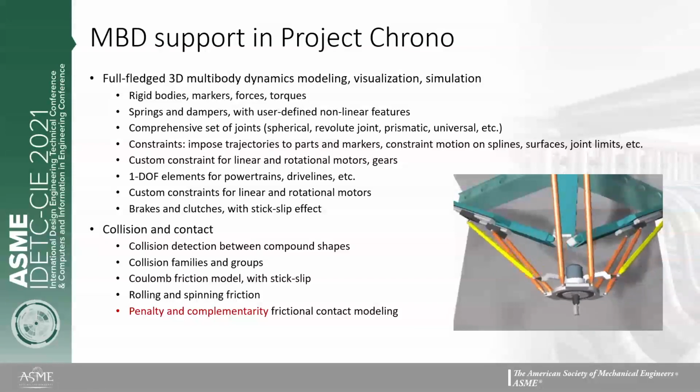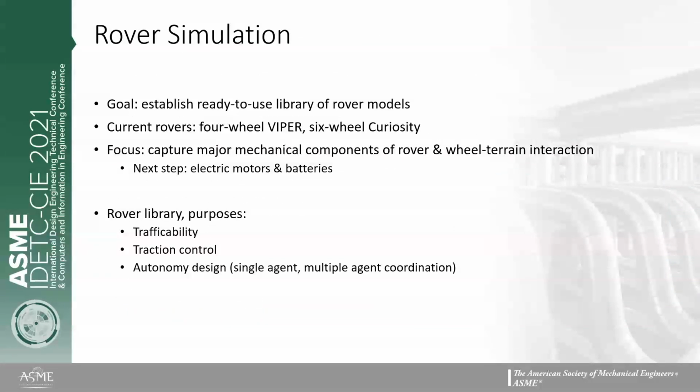As we move forward to the development of our rover models, the goal is to establish a ready-to-use library consisting of several rover models, which are easy to deploy and easy to plug into any kind of simulation environment. At the current development stage, we have a 4-wheel VIPER lunar rover and also a 6-wheel Curiosity Mars rover.